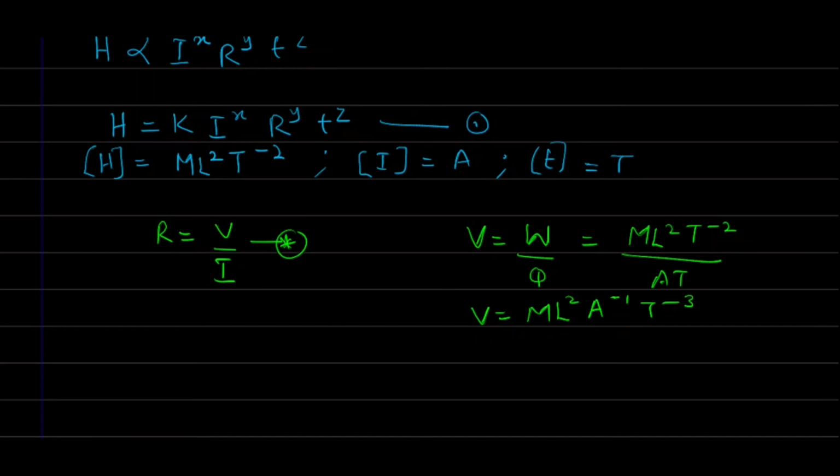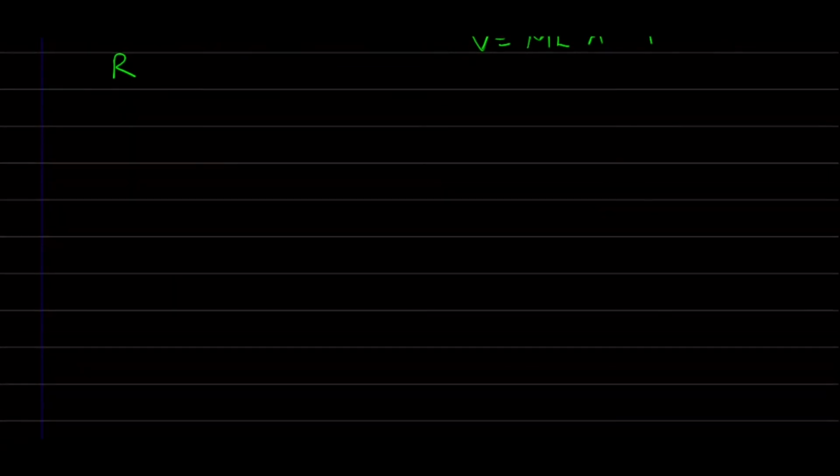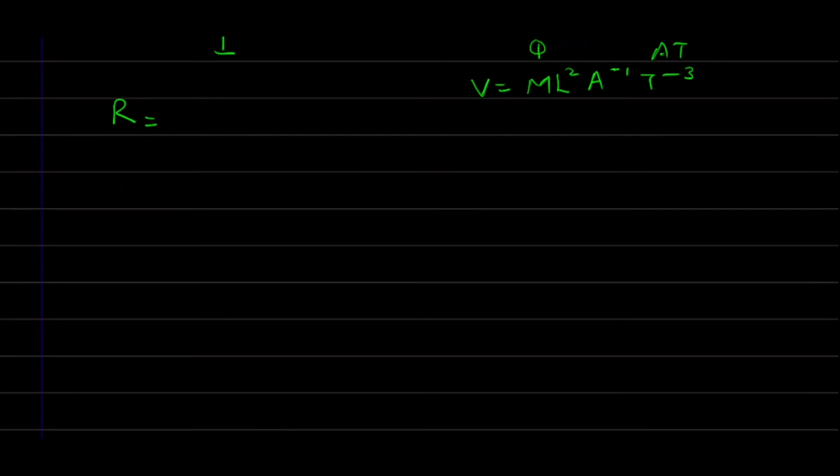Now we can use the dimension of voltage to obtain that of resistance. To get resistance, R is going to be equal to V, which is given as ML²A⁻¹T⁻³ over current.